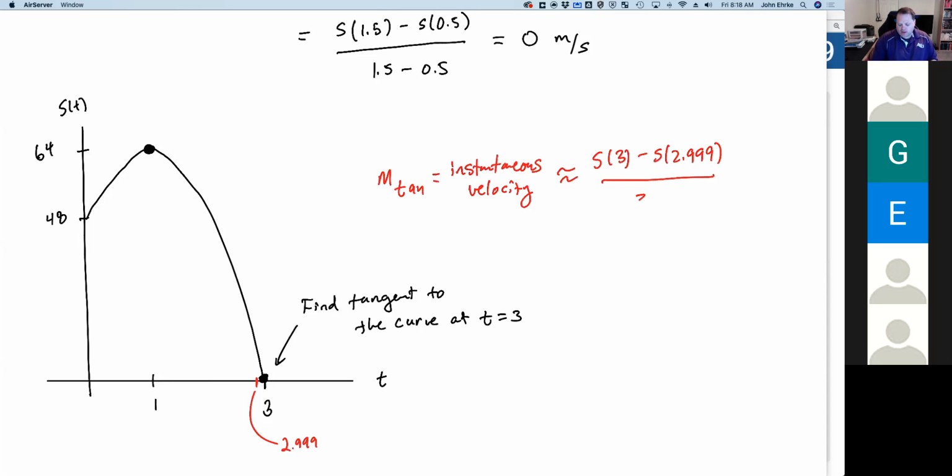This is an approximation of the instantaneous velocity because it's a secant line, which is an average velocity, but it's an average velocity over an incredibly small interval. So if you wanted to just do this by hand, that's probably your best route.